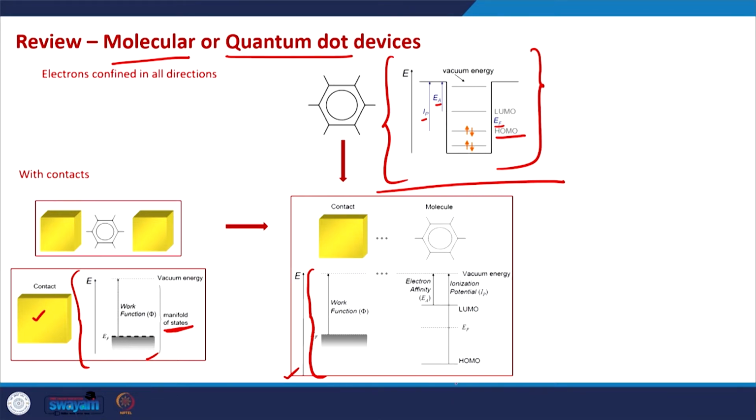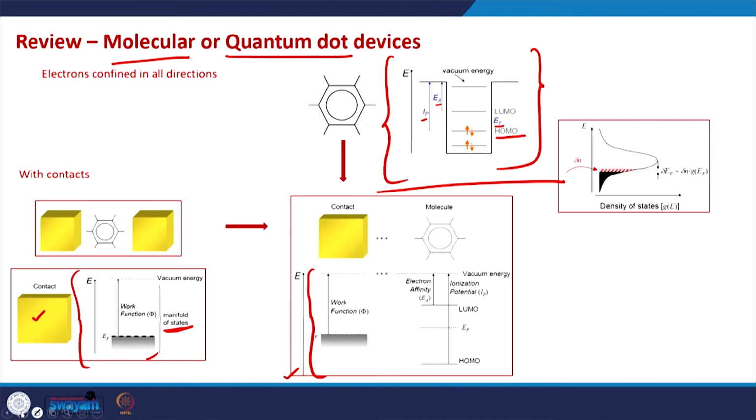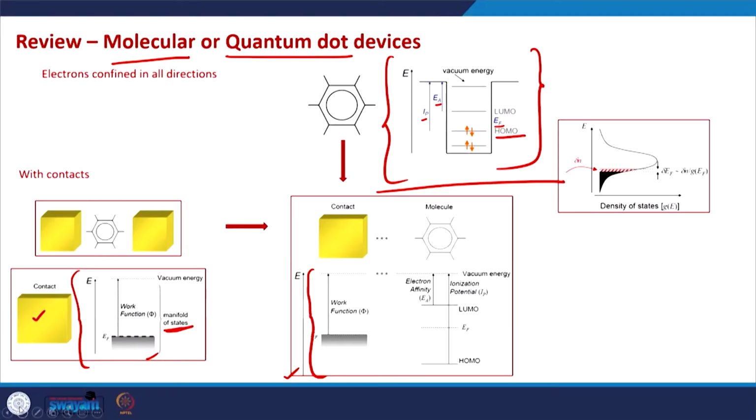And soon after we put these two systems in touch with each other, they will reach equilibrium. Equilibrium means that every process is balanced by the counter process, and in that case the Fermi level in the entire system must be uniform.